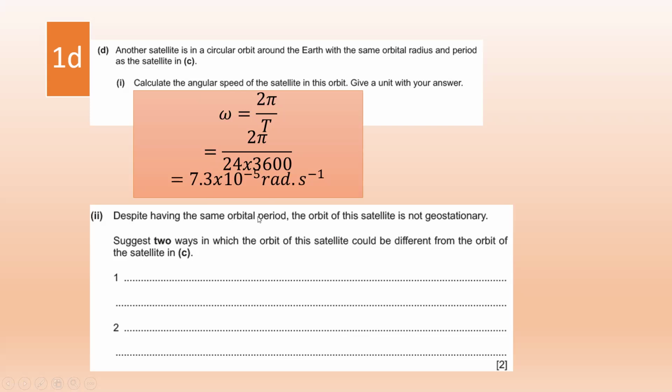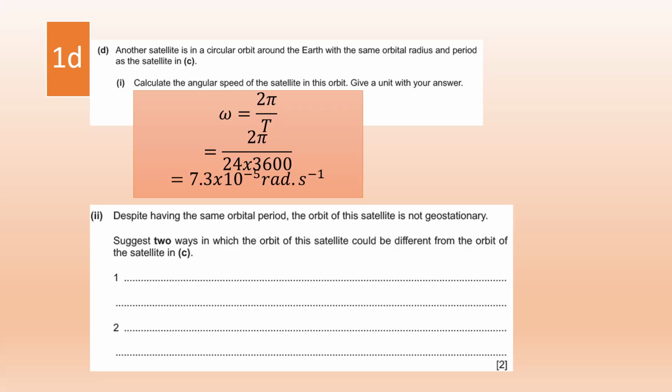Despite having the same orbital period, the orbit of the satellite is not geostationary. Suggest two ways in which the orbit of the satellite could be different from the orbit of the satellite in C. Like when the orbit is not equatorial, it can be a polar orbit.